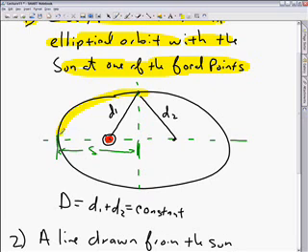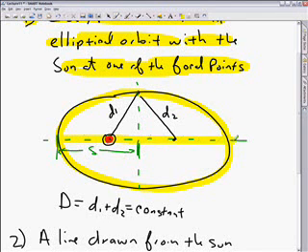Remind you about ellipses. Right? So we have an ellipse like this. The axis that makes the longest part of it is called our major axis, and then we have the minor axis.